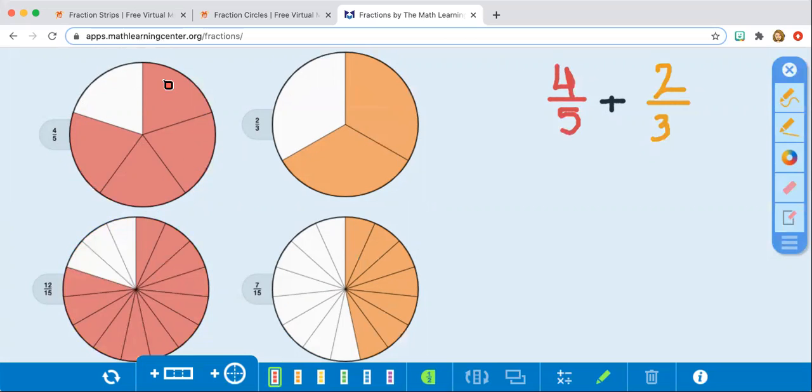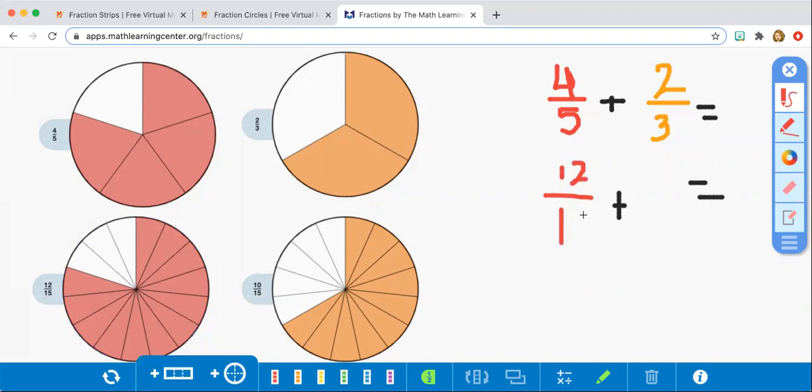If we think about this, right, common denominators, 12/15 plus 10/15, right? Right now we can see, oops, right? This is the same as 12. 12/15 plus 10/15.